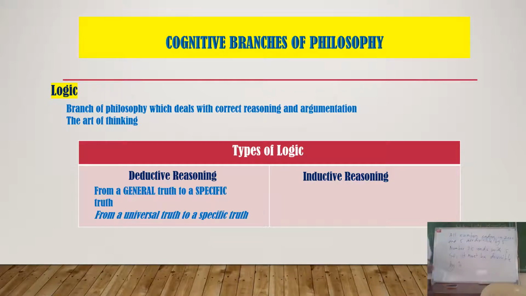Okay, so that is the statement. All numbers ending in 0 and 5 are divisible by 5. So number 35 ends with 5, so it must be divisible by 5.